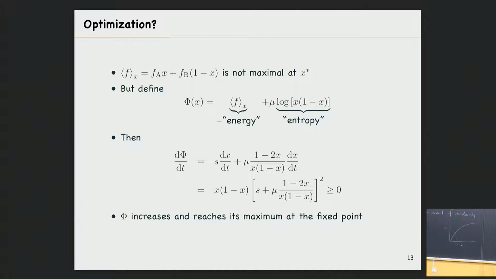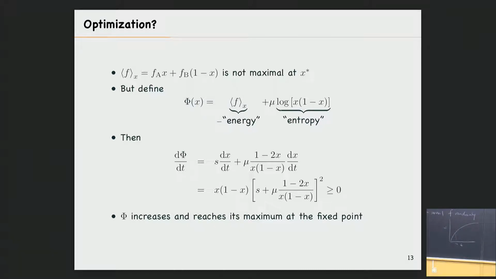Well, it turns out that in this case, the fitness is not maximal at the coexistence. But there is something else that is maximal, and physicists are very fond of this result. Define this quantity that has one term which is just the average fitness in the population, and then there is another term which is proportional to the mutation rate times log of x(1 minus x).